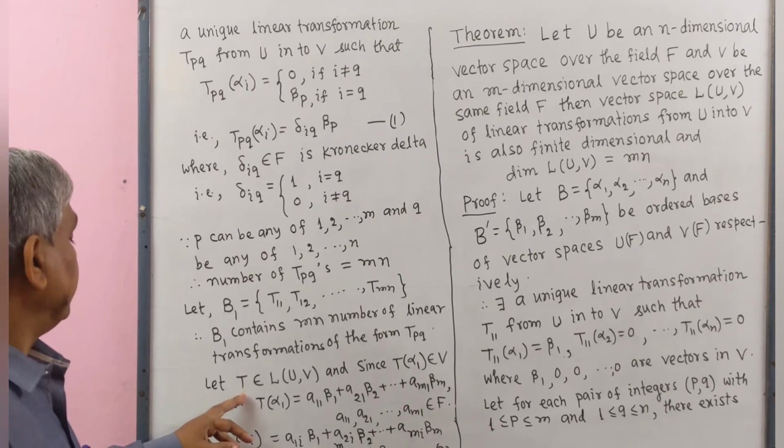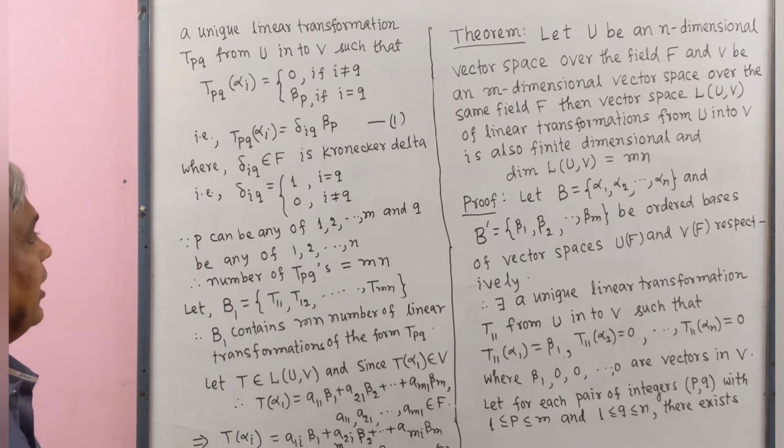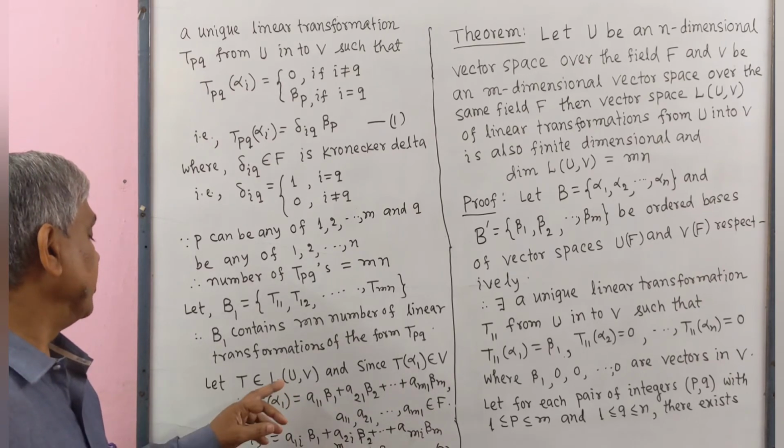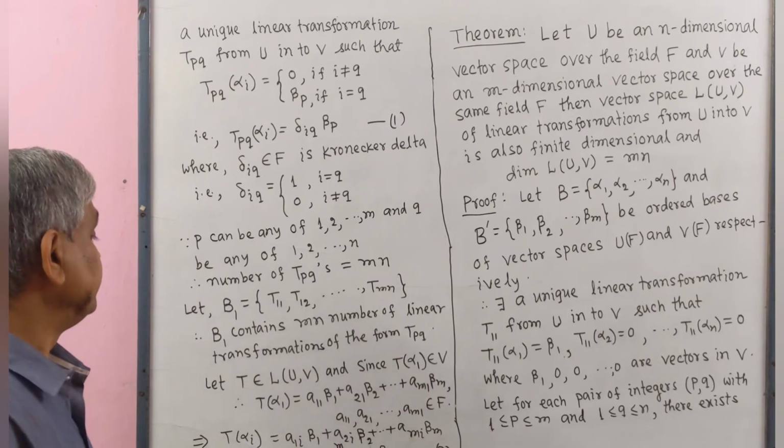Let T belong to L(U, V). We know that L(U, V) is the set of linear transformations and this is a vector space also.